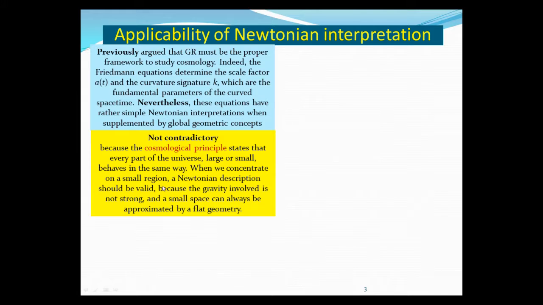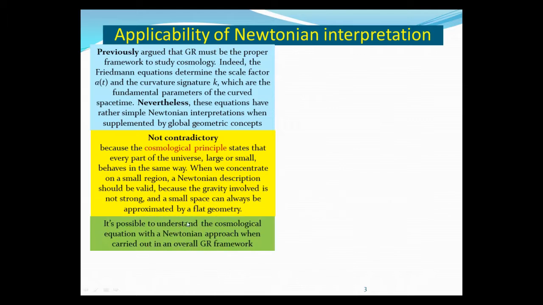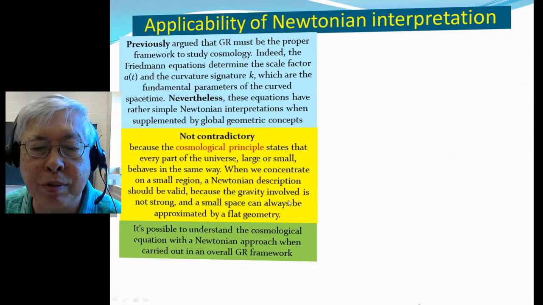So when we concentrate on a small region, a Newtonian description should be valid because the gravity involved is not strong and the small space can always be described by a flat geometry. Therefore, it is possible to understand the cosmological equations with a Newtonian approach when carried out in the overall geometric framework of GR.